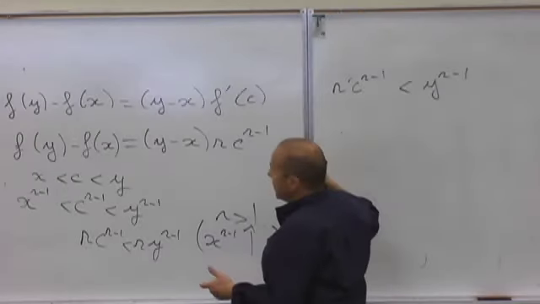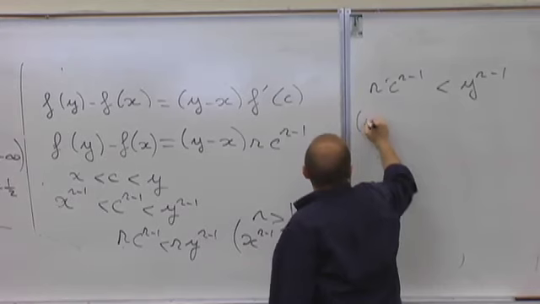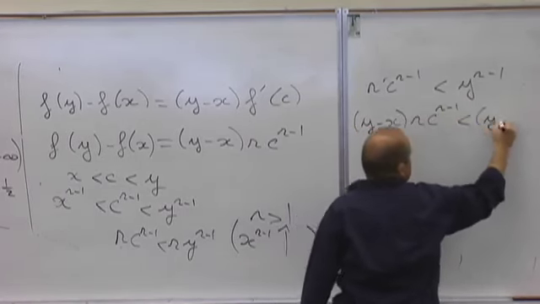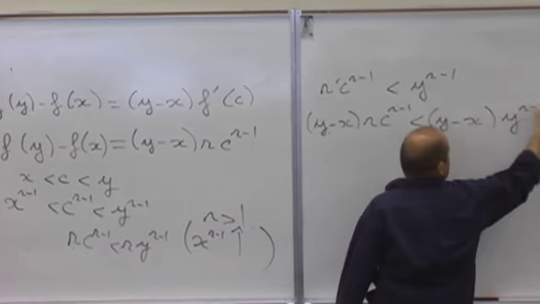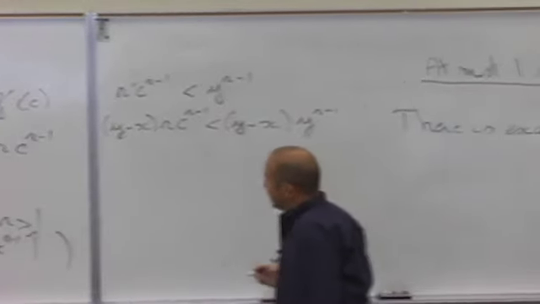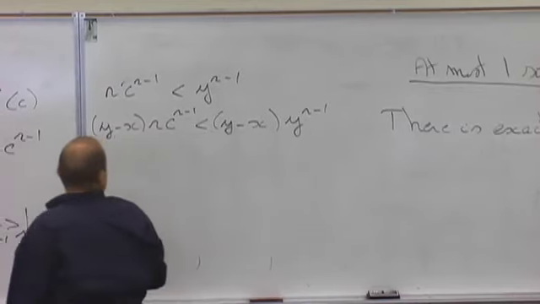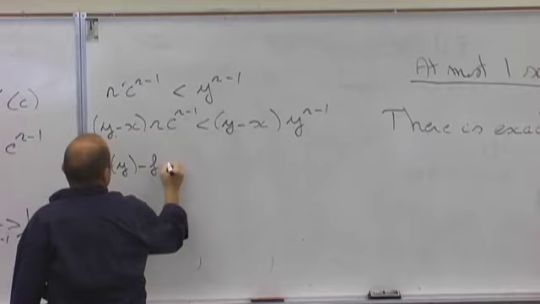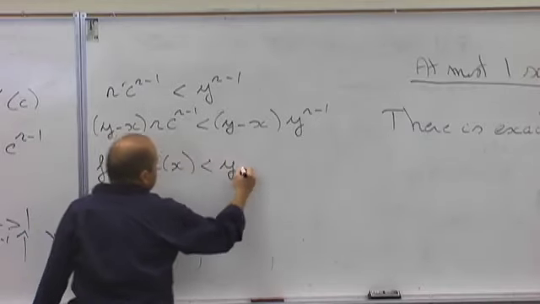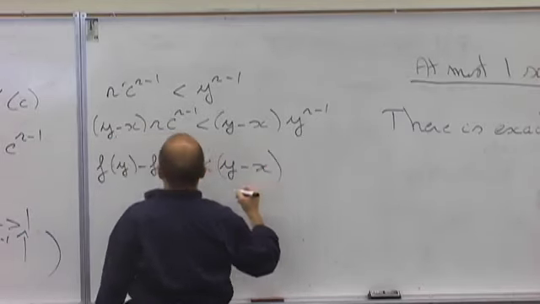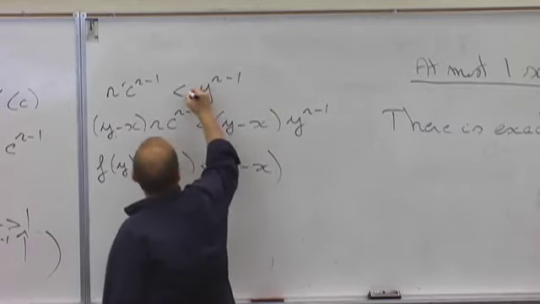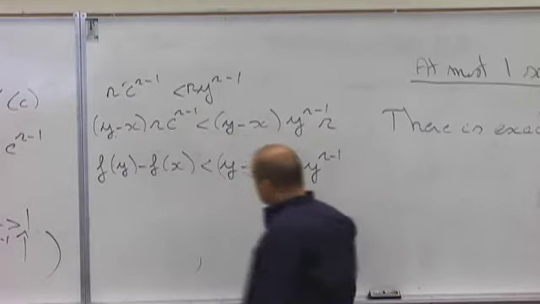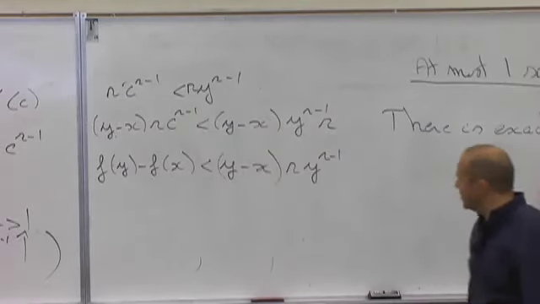Now y minus x by hypothesis is positive, so we multiply by a positive number, and we finally get that f of y minus f of x is strictly less than (y minus x) r y to the r minus 1, which is what we wanted.